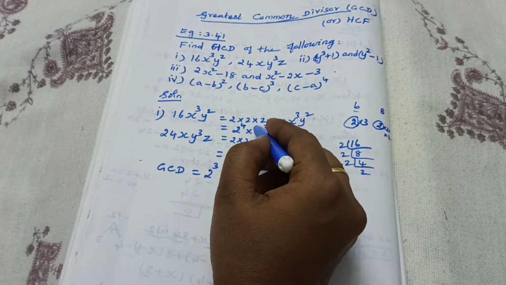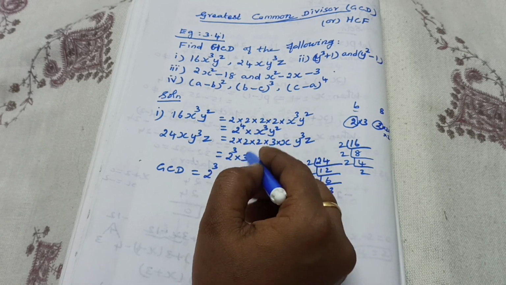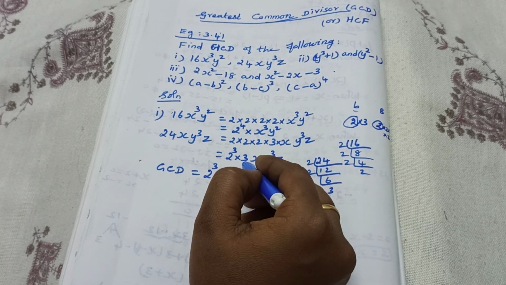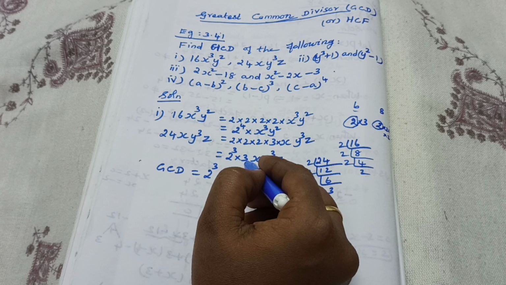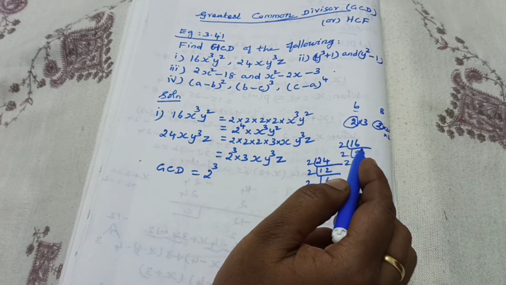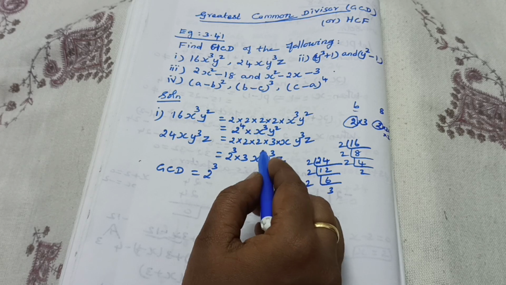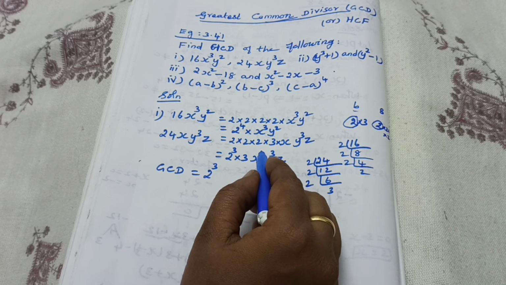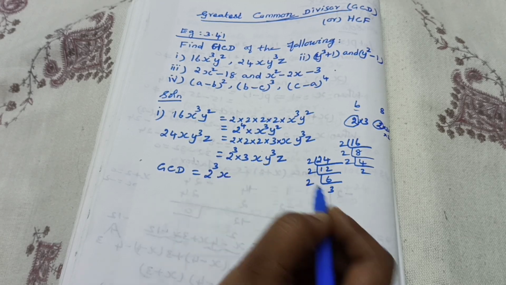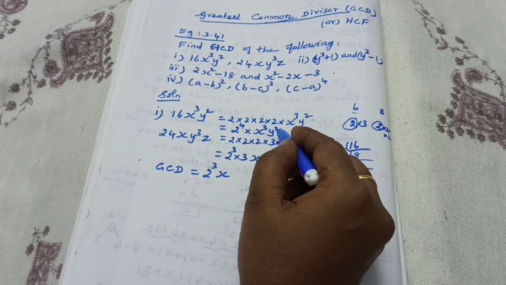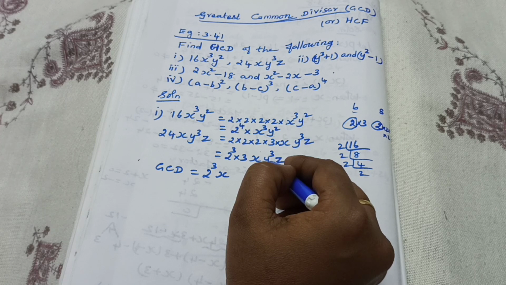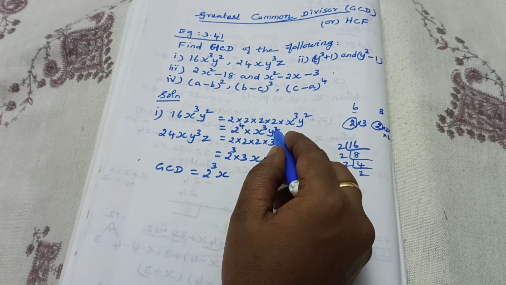Correct? Here 3 is not given, here 3 is there, isn't it? So no common, leave it. Then here x cube is there, here x is there, which is the lowest power? x power 1, that x you should write. Then y square, here y cube is there, so which is the lowest degree?